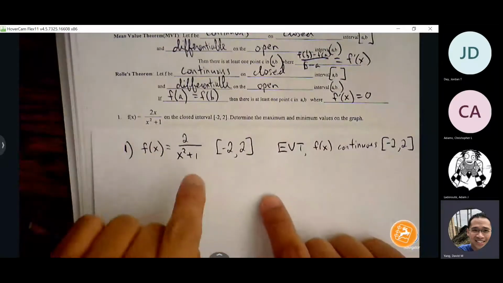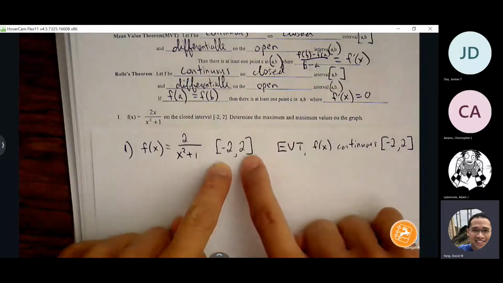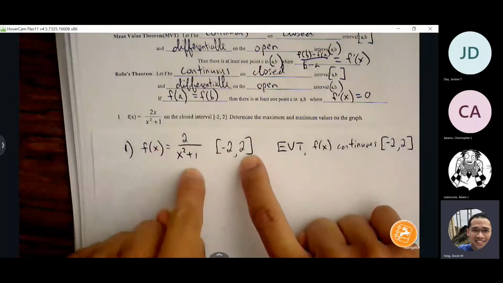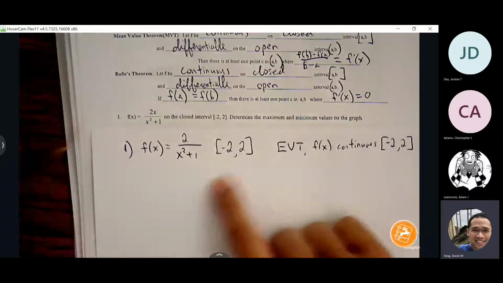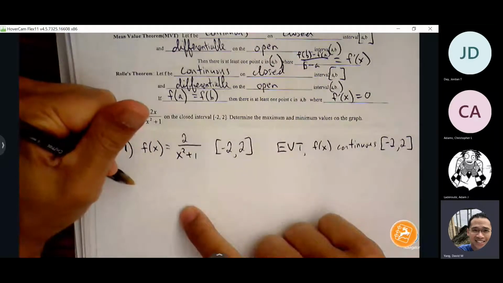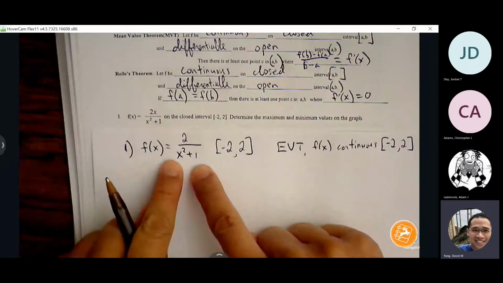Okay. So now we know that if it's extreme value theorem, our extremes could be at the endpoints -2 or 2, but could also be at a critical point. So we're going to be testing our endpoints, but let's go ahead and find some critical points as well. Critical points come from the derivative. And once we find the derivative, we set the numerator and the denominator of the derivative equal to 0.